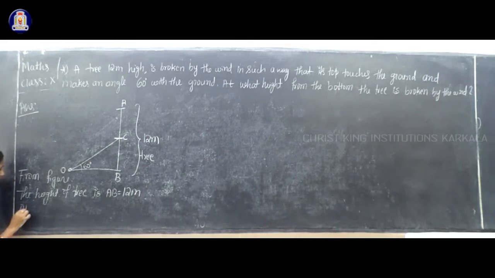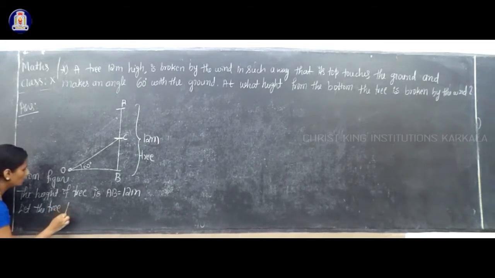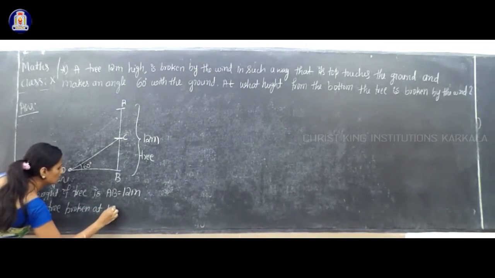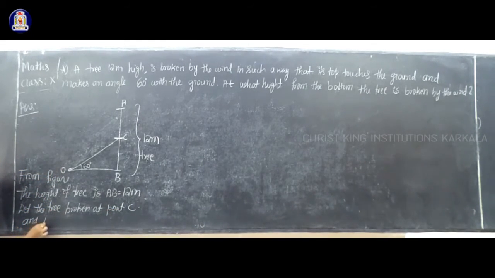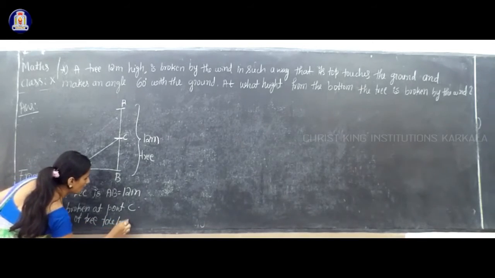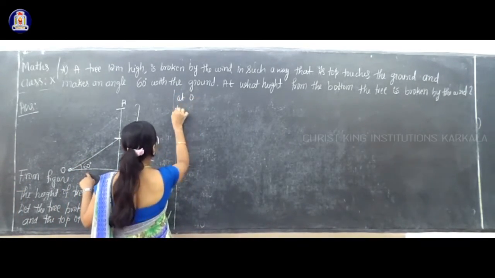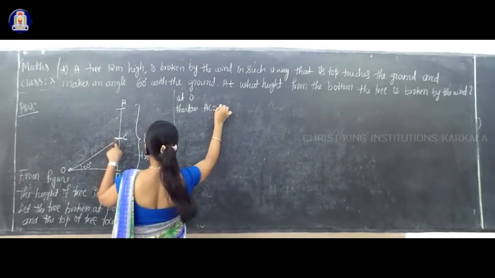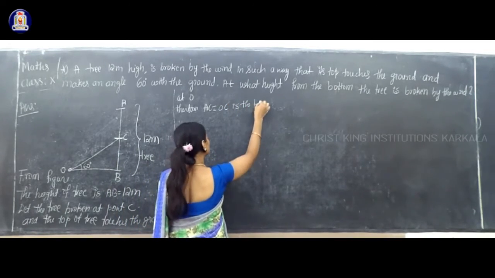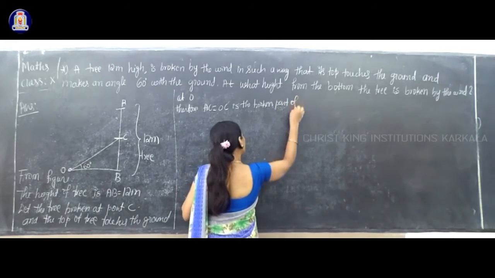Now next, at the point C, the tree is broken, let the tree be broken at point C, and the top of the tree touches the ground at O. Therefore AC is equal to OC, the broken part of the tree.